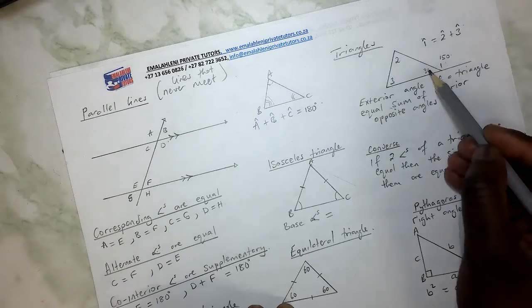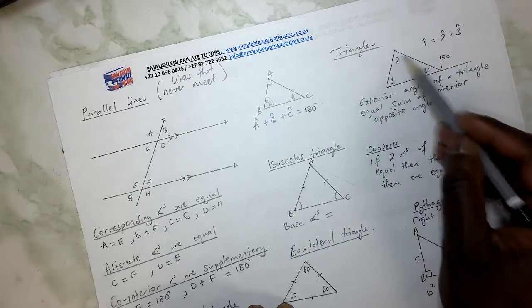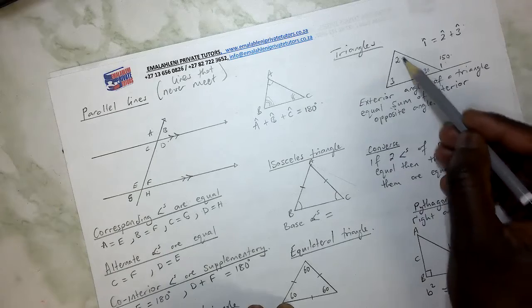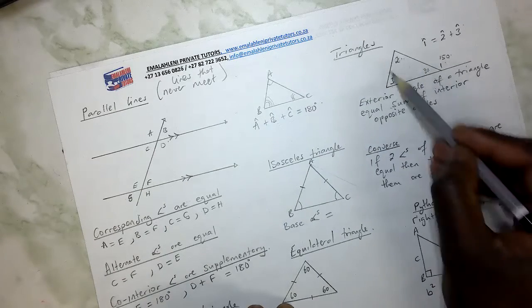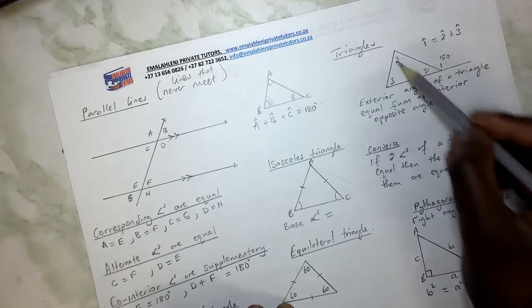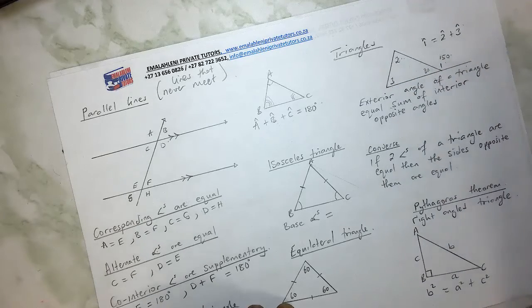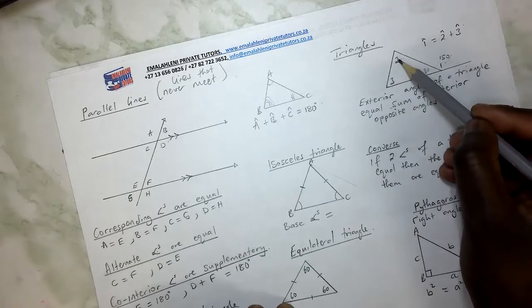Now, when we get 30, it means that inside this triangle these two must add up to 150. Because the interior angles, if we add them all, should give us 180, the same total sum. What's missing here is this angle, and what's missing here are these two angles.